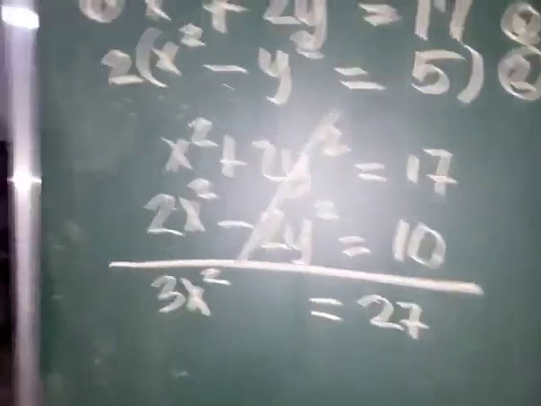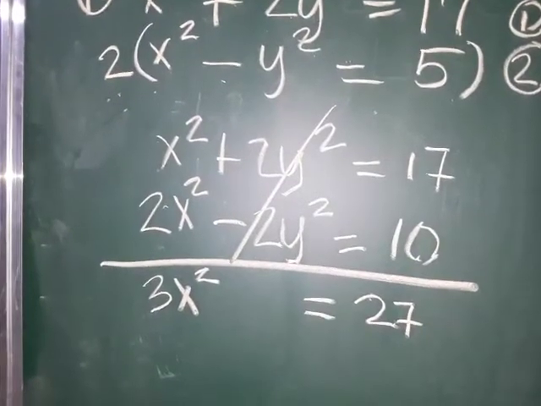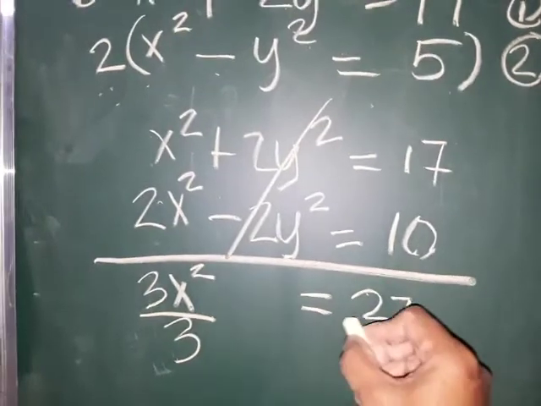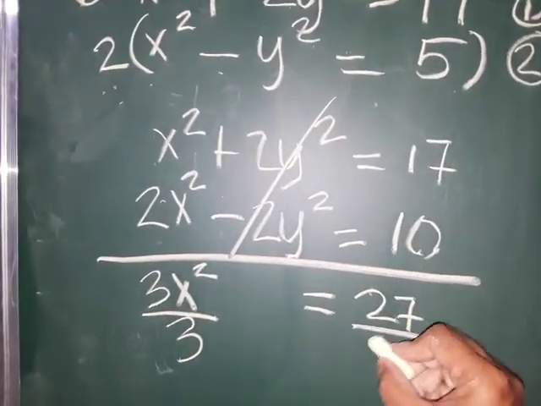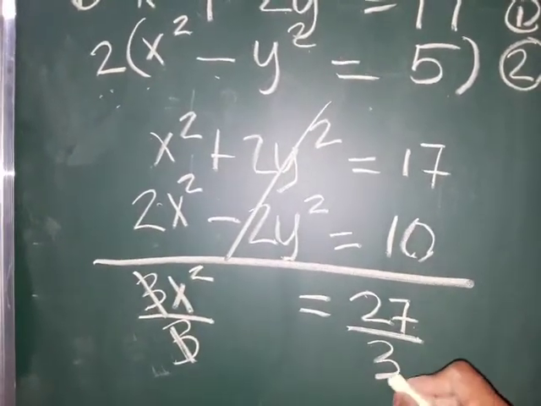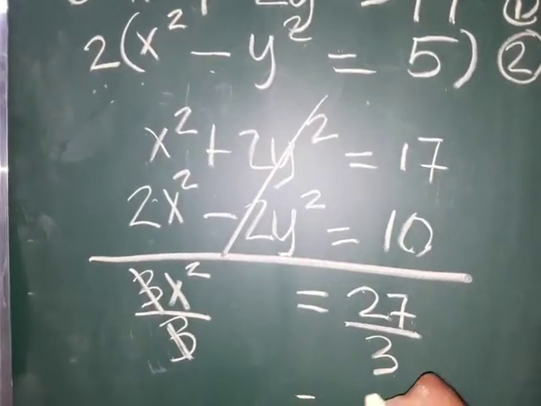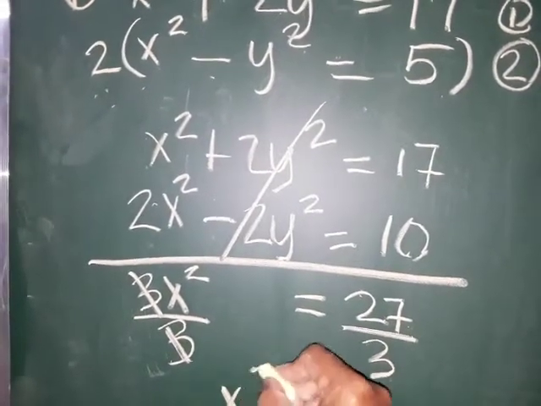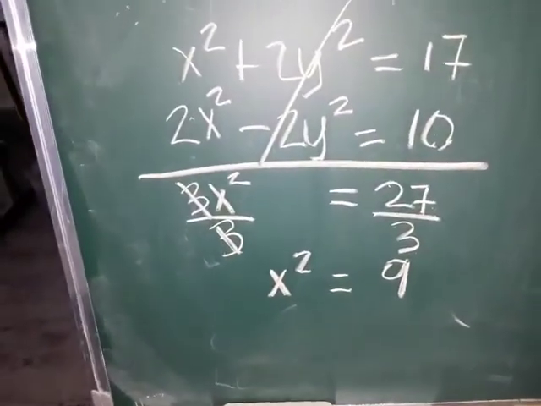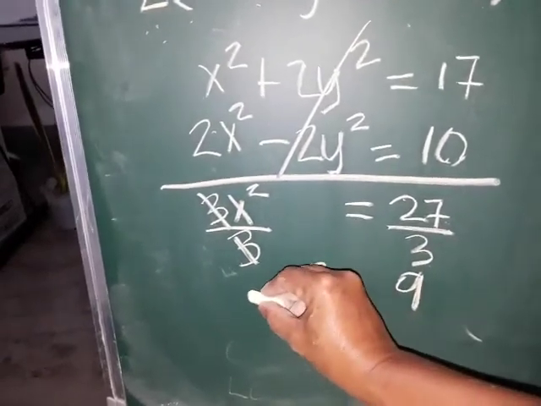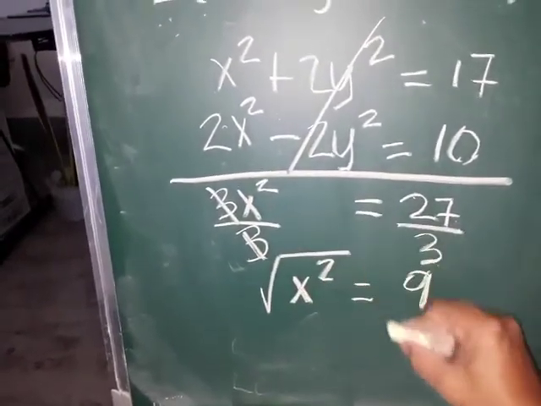Next, we need to divide both sides to isolate x. 27 divided by 3 is equal to 9. So x squared is equal to 9. Since we have squared, that's why we need to put a square root.